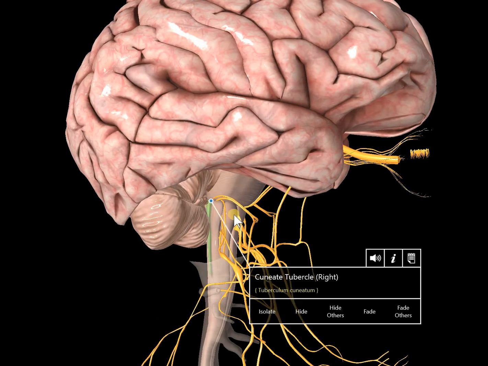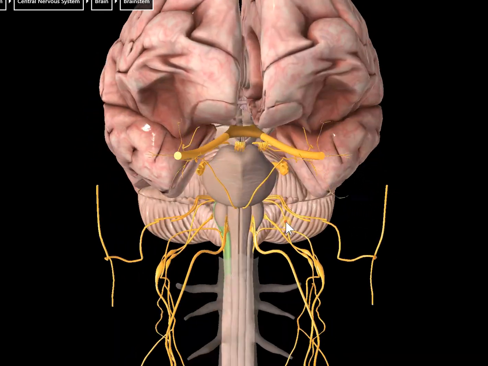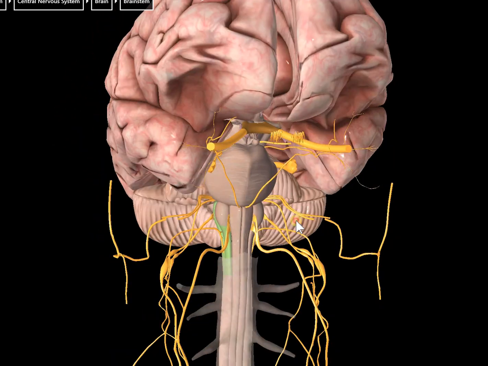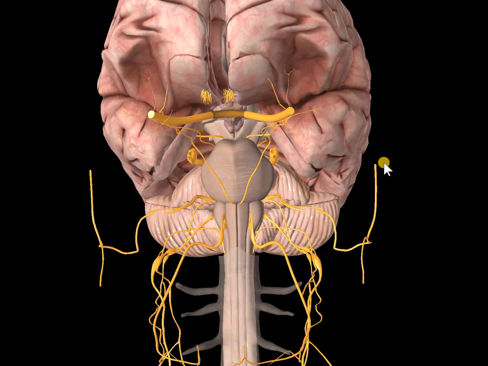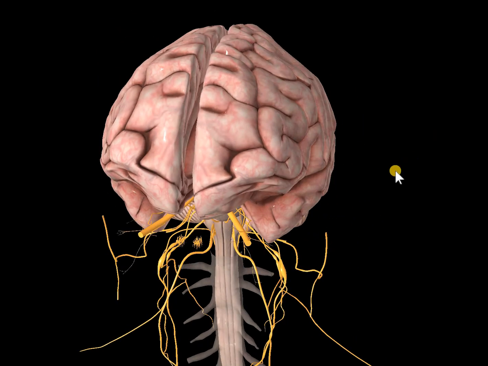There are different parts within the medulla, but here you're looking at the medulla oblongata. It does have its own cranial nerves that come out of it as well. So for lab, I just want you to be able to identify these parts as we point to them.